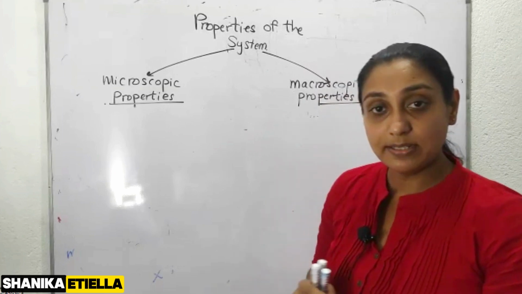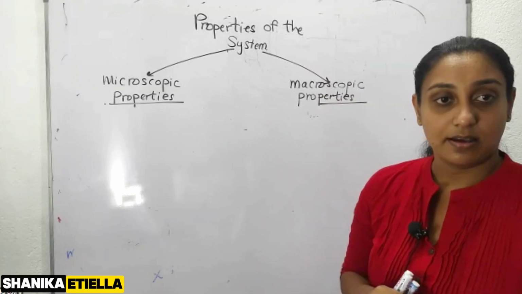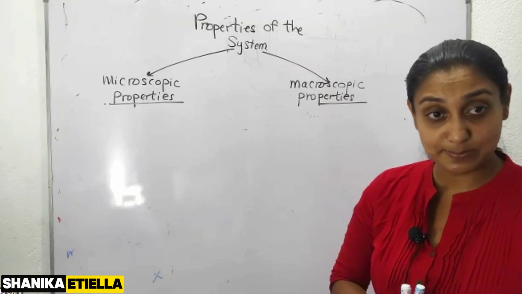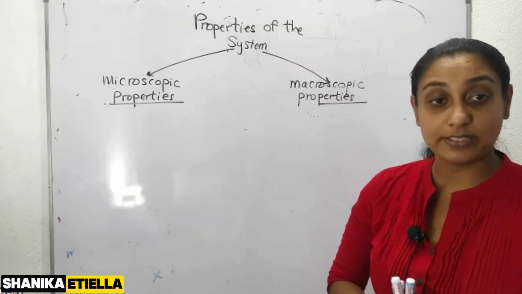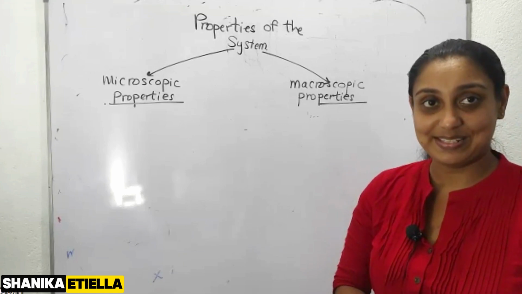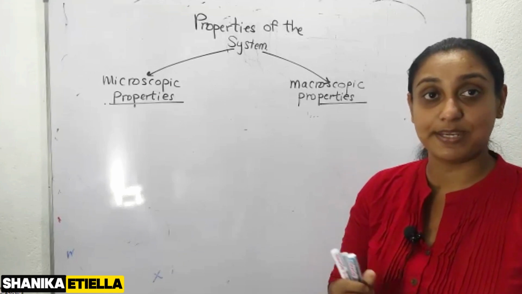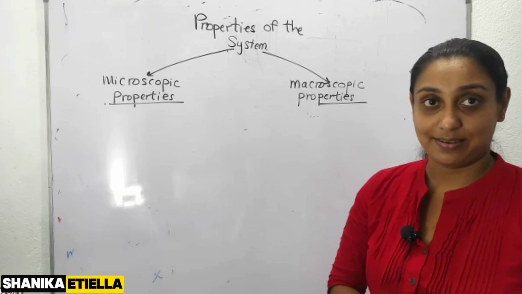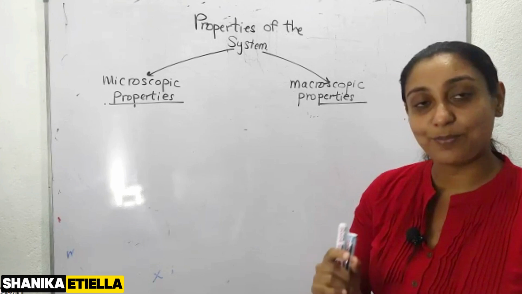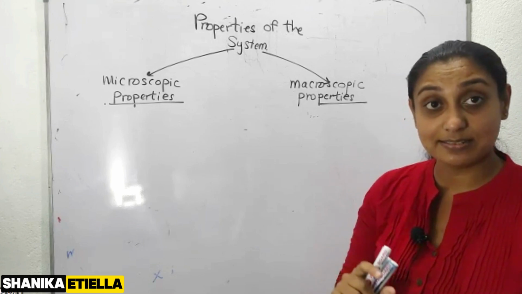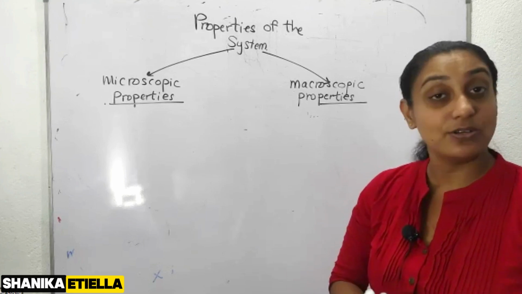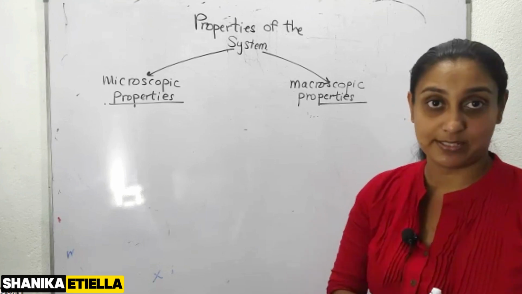What is meant by microscopic properties? Microscopic properties mean the properties which are not visible. We can't measure them directly, like molecular kinetic energy or molecular speed, the things that we can't observe. Those are called microscopic properties.